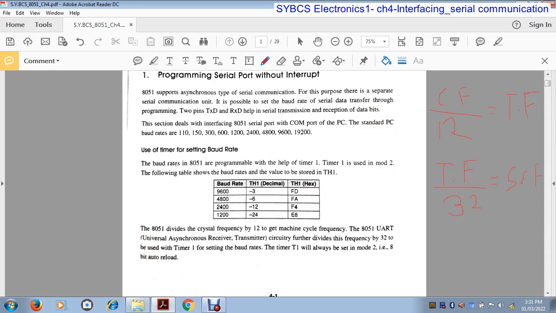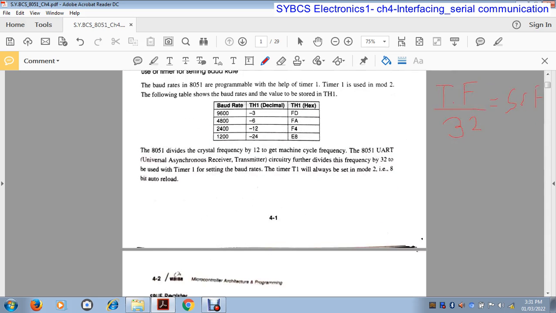So the crystal frequency, which is the microcontroller frequency, divided by 12 gives the timer frequency, and this timer frequency again divided by 32 gives the serial communication frequency. So timer T1 will always be used in mode 2. We use timer 1 mode 2 for serial communication purpose.